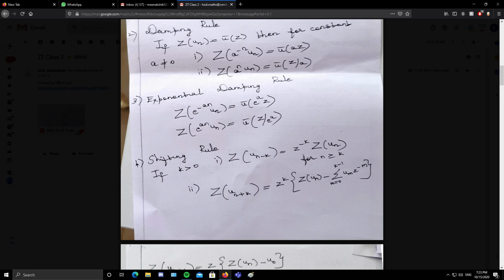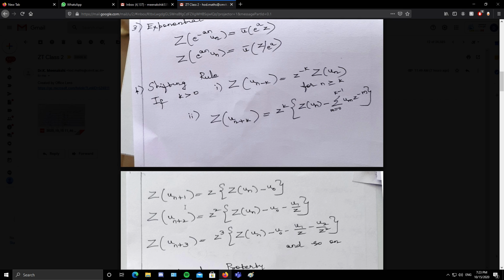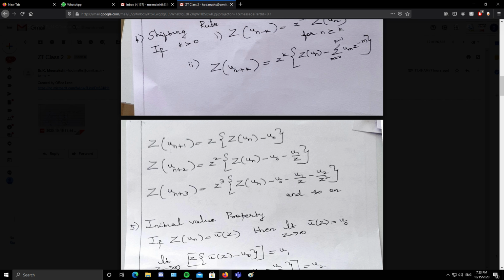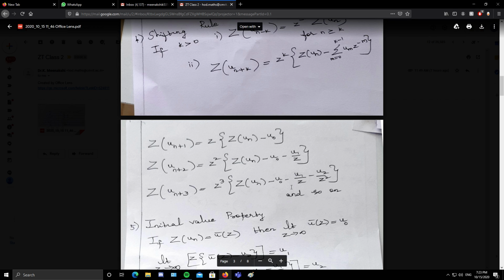This is simpler, so that's why I took only one problem. For un minus k you have only one form, so it is very simple. But un plus k, you should remember the z transform of u. This is in general, but in problems you will be using z of un plus 1, z of un plus 2, z of un plus 3. So learn these three by heart.